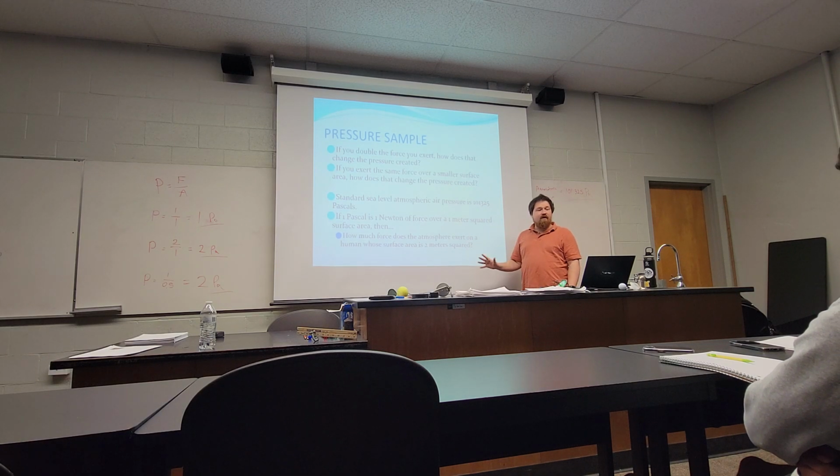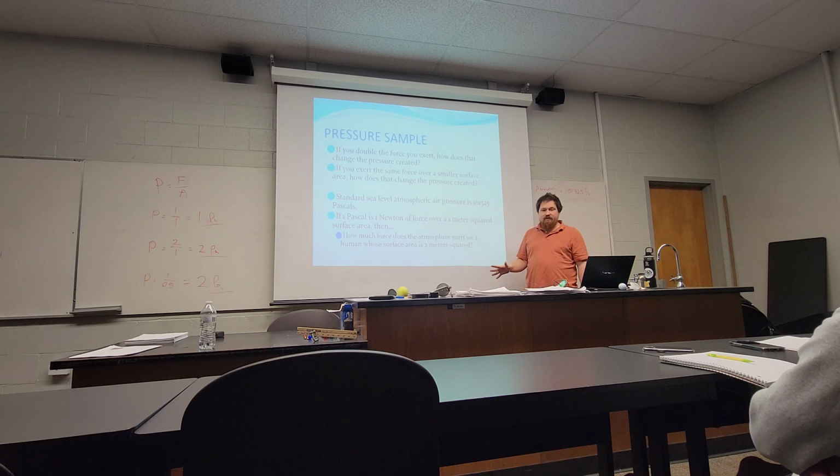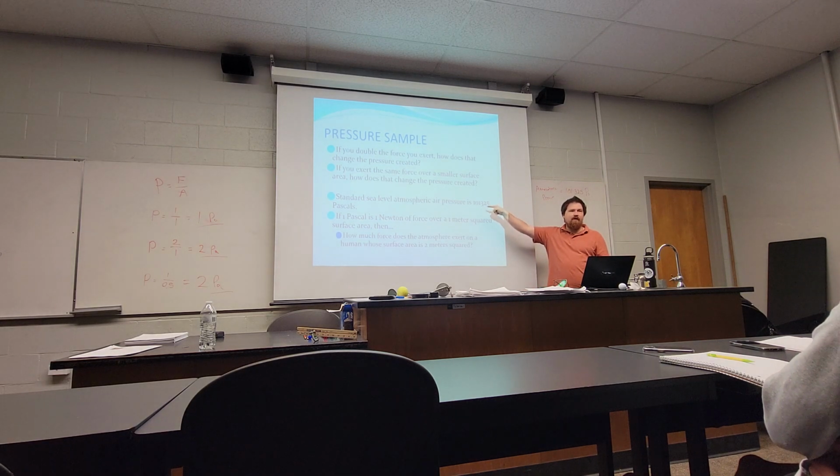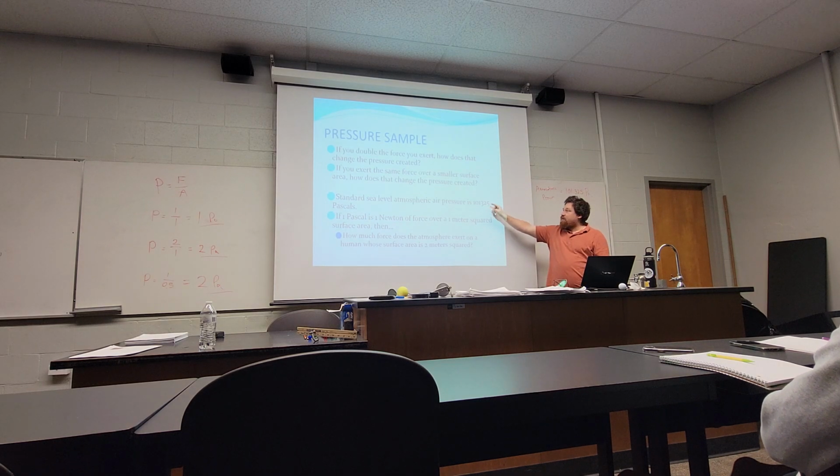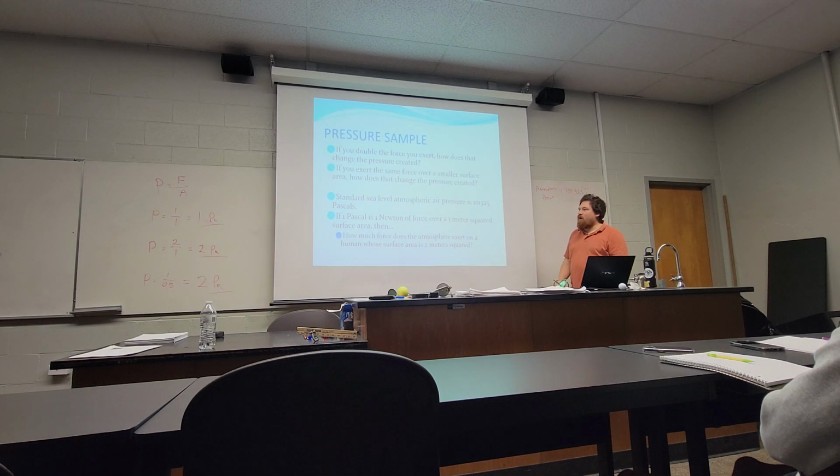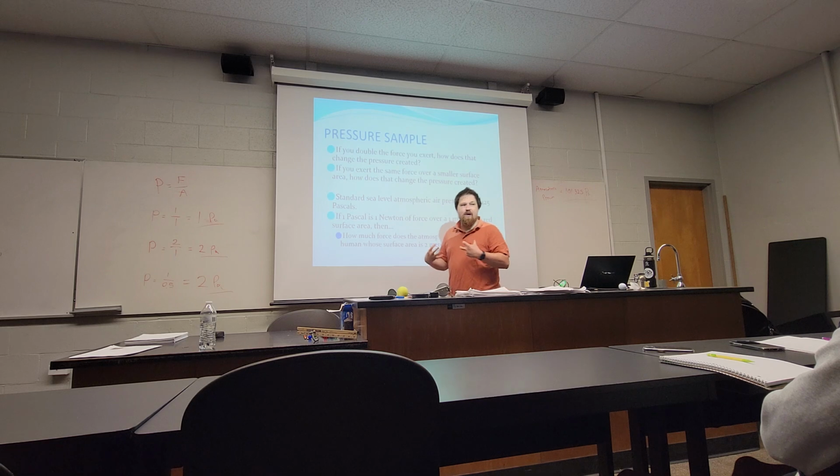Barring any weird variances due to weather conditions, this should be the air pressure currently acting on your body. 1 Pascal is 1 Newton of force exerted over a 1 meter squared surface area. So right now, this pressure is acting on the surface area of your body.